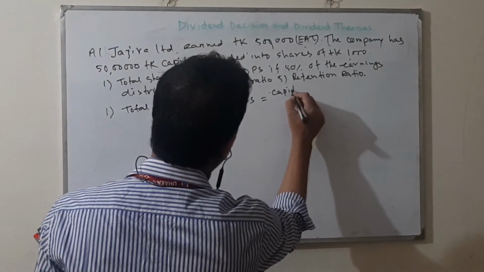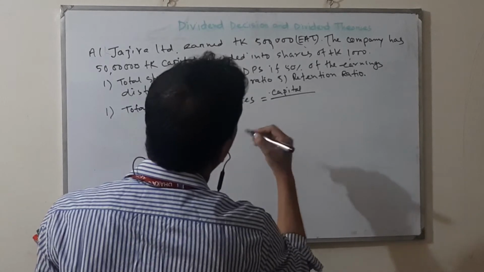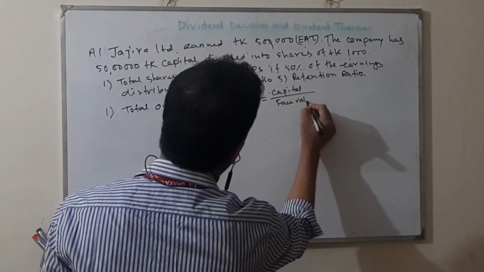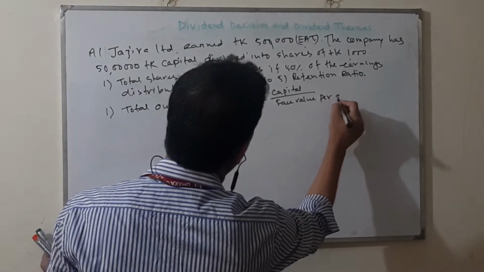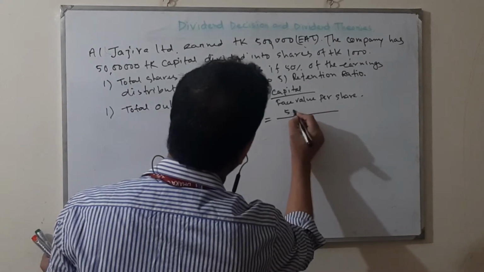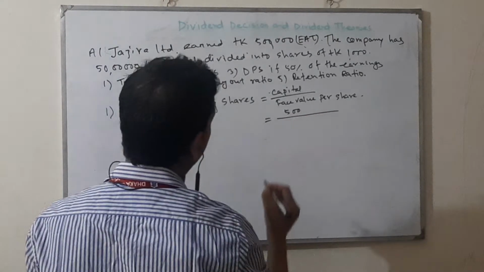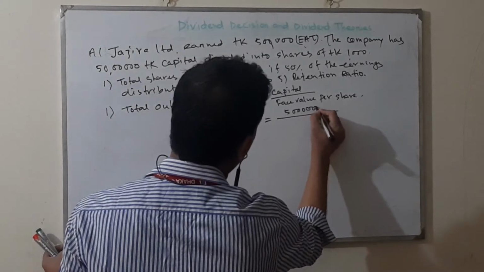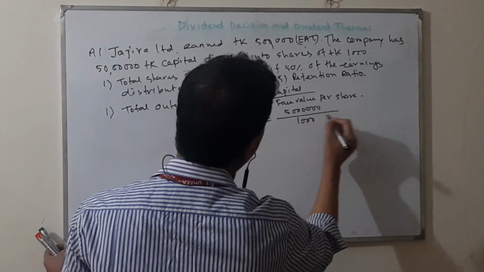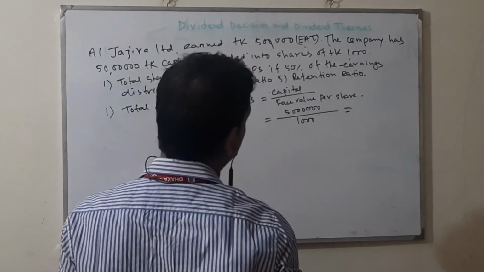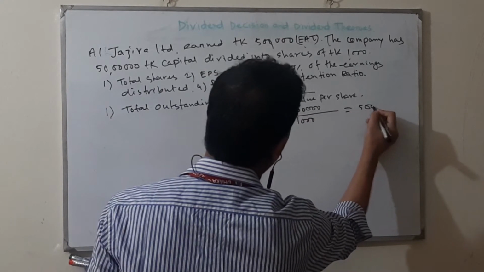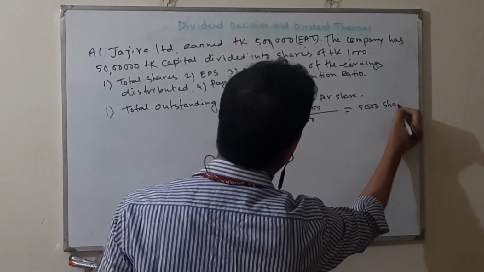Share capital divided by face value per share. So it is 50 lakh divided by 1000, so it is 5000 shares.